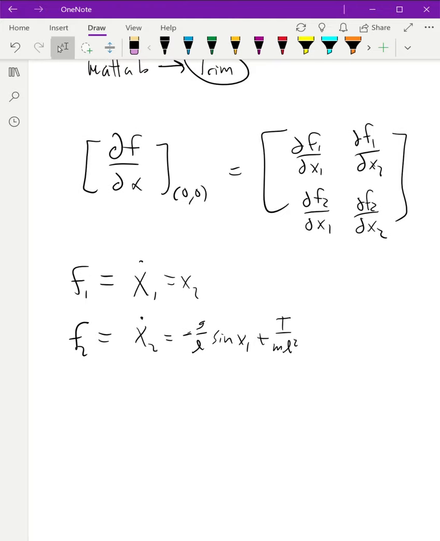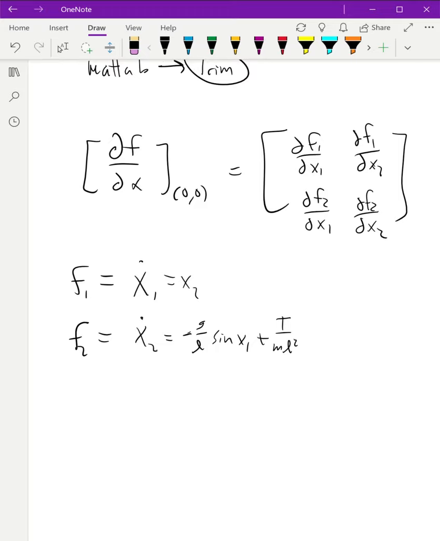If you had more equations, like you do in task 4, right, you have 2 more here. f3 would be that third derivative, f4 would be the fourth derivative. But here we just have a 1 degree of freedom second order system, so we have 2 equations.